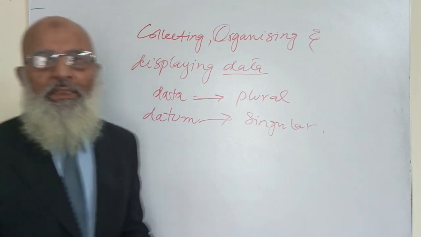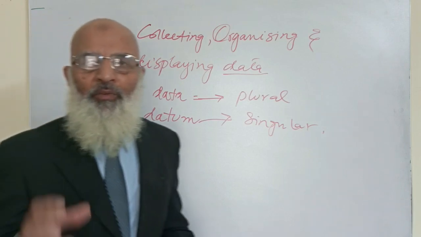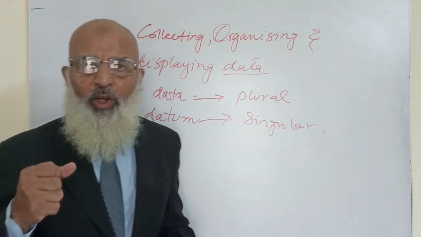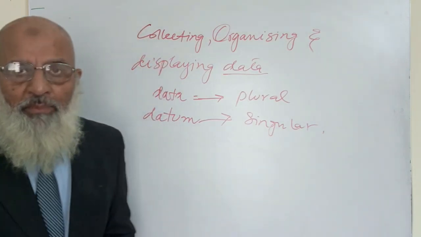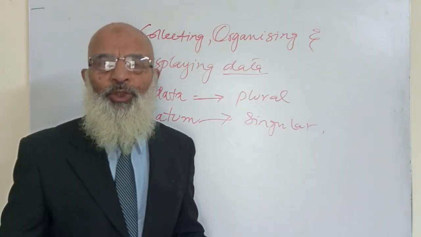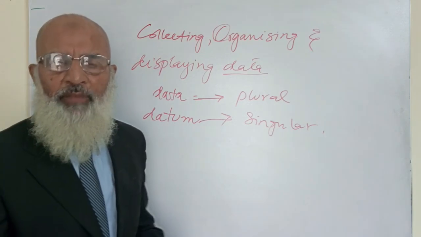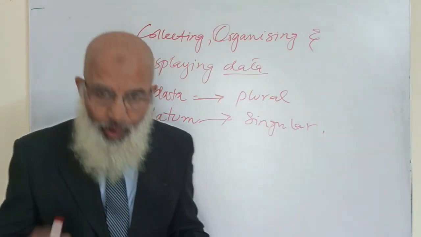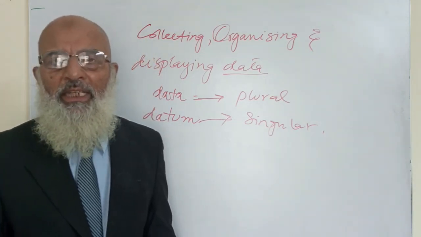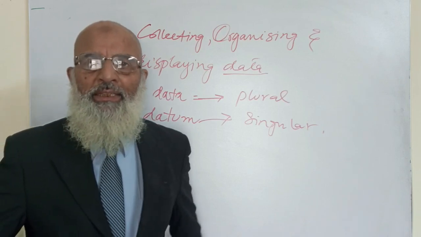All these things we have to collect, and we have to organize teams to reach each and every house and collect the information and data from them. So collecting data is the very first thing which we do in statistics.